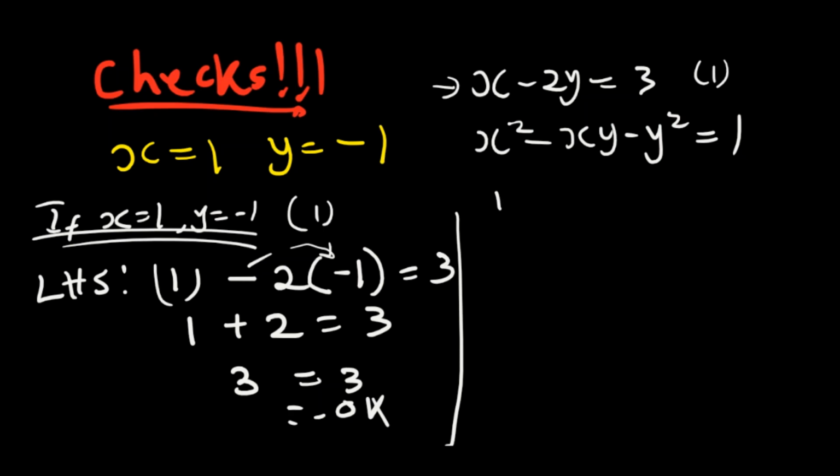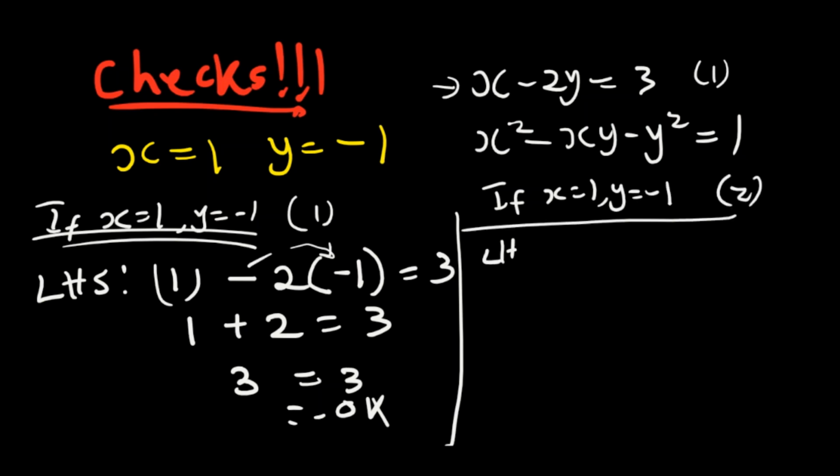So if x is equals to 1 and y is equals to minus 1 in equation 2, the left hand side is, where there's x, I'm going to put 1, so it's 1 squared minus 1 times minus 1, minus minus 1 squared, right?